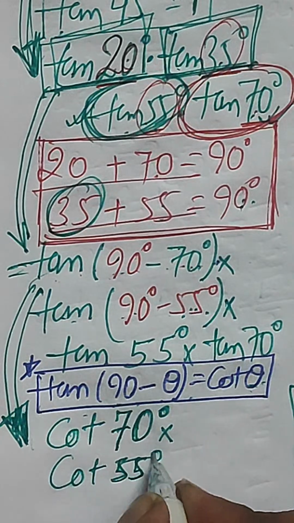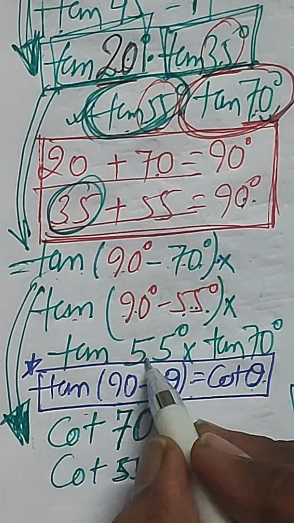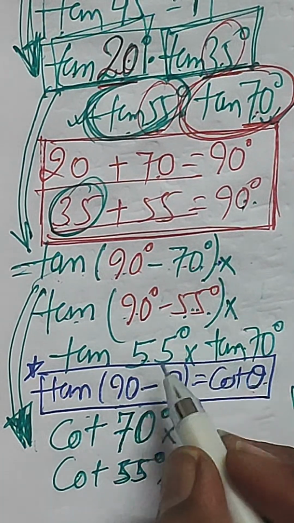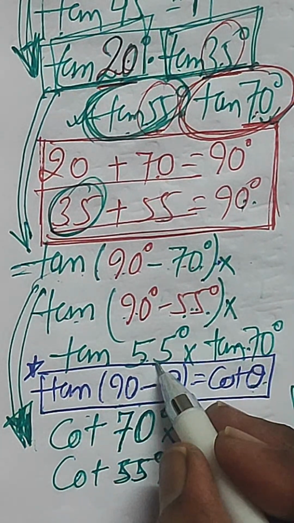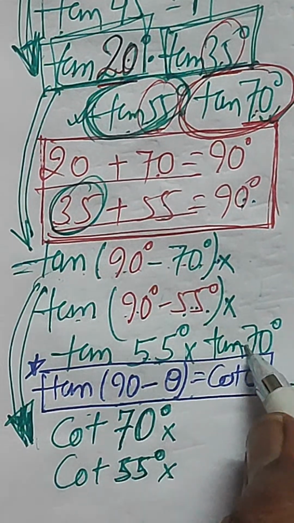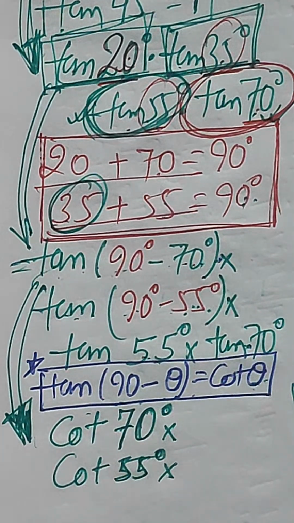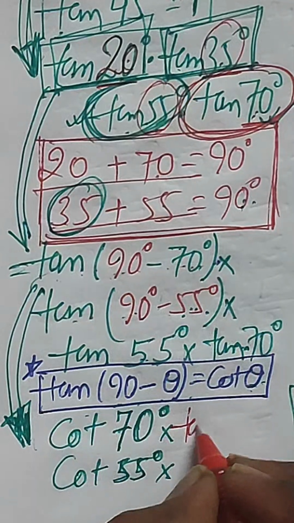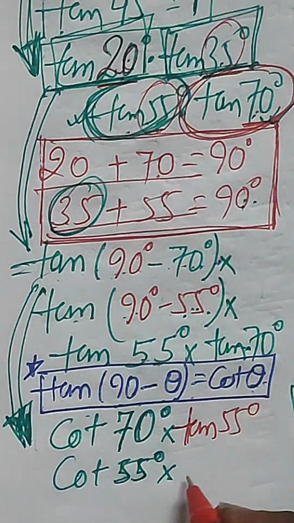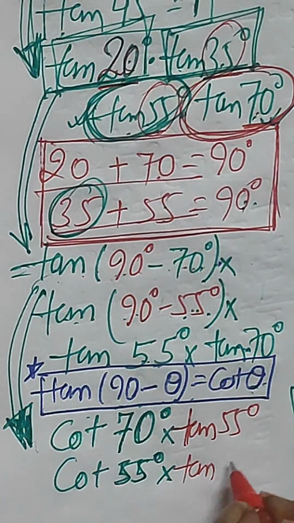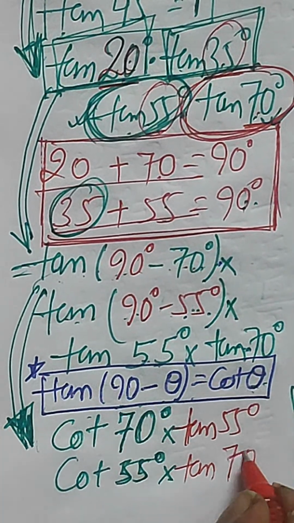And the other two terms which are left are tan 55 and tan 70, right? So just write it, tan 55 and tan 70 degree, since this is a product, we can write them anywhere.